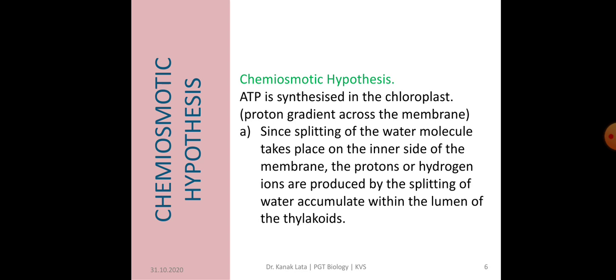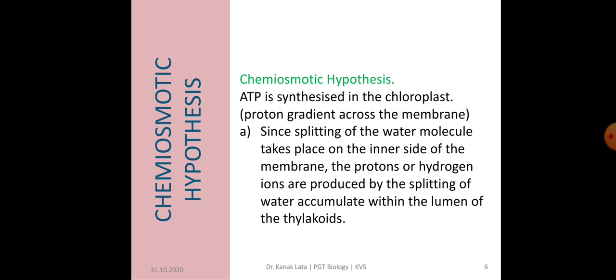Now it is about chemiosmotic hypothesis. According to the chemiosmotic hypothesis, it is discussed about the mechanism of synthesis of ATP in chloroplast. Like respiration, in photosynthesis also ATP synthesis takes place, which is linked to the development of a proton gradient across the membrane of thylakoid.